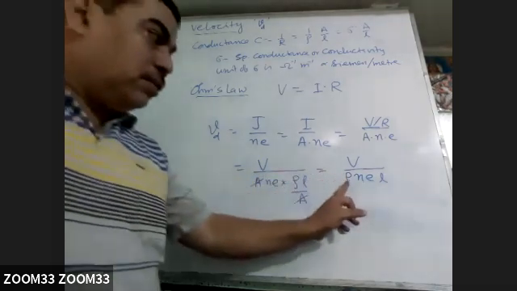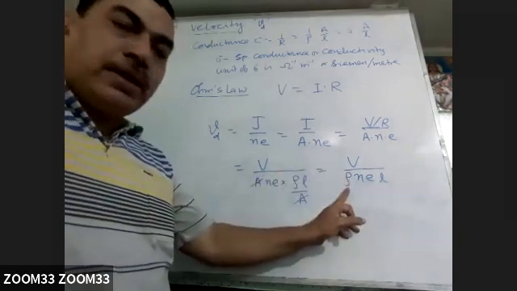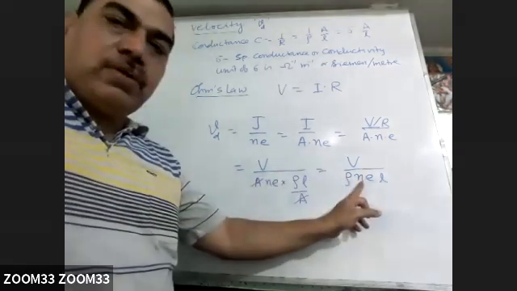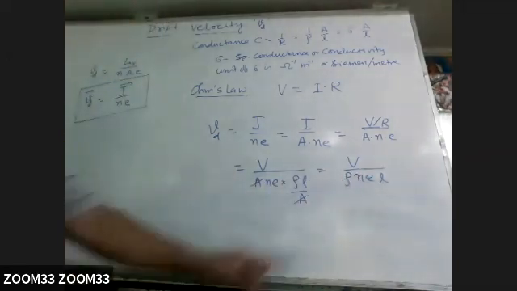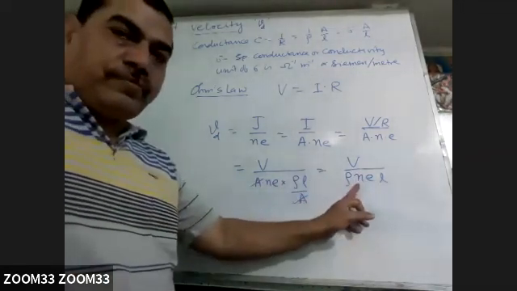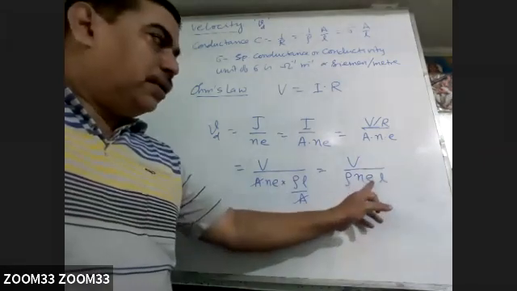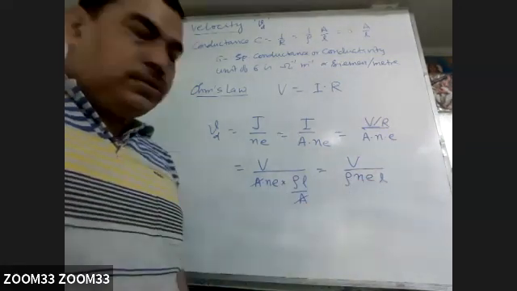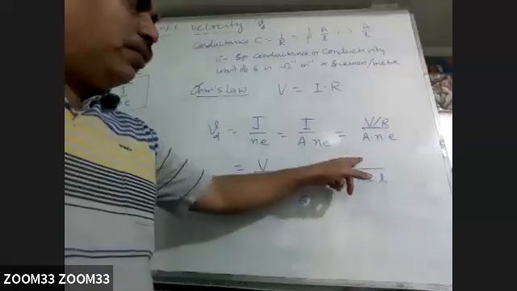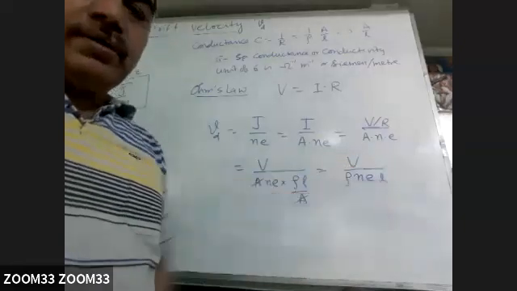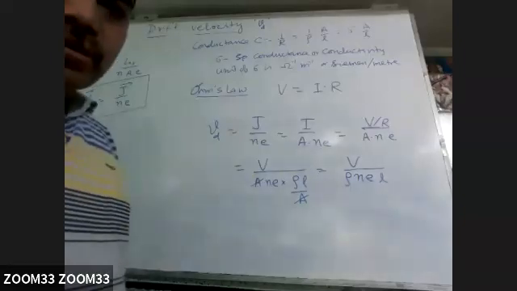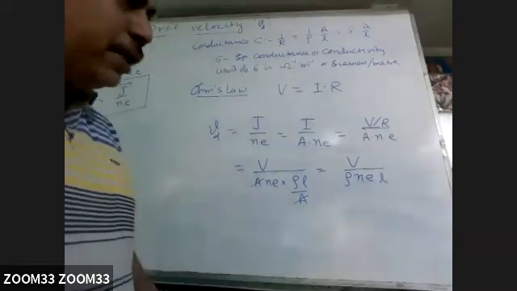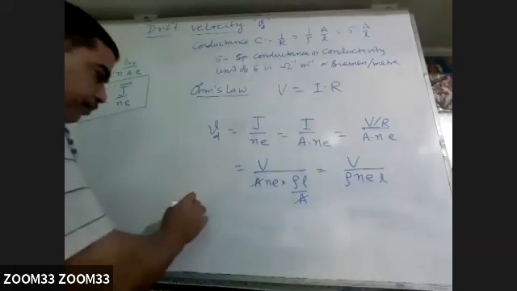So this depends on the nature of material. This also depends on the nature of material. This is the charge of electron. So it will depend on V and L. Now this V by L, if the electric field is uniform, then it will be the electric field.